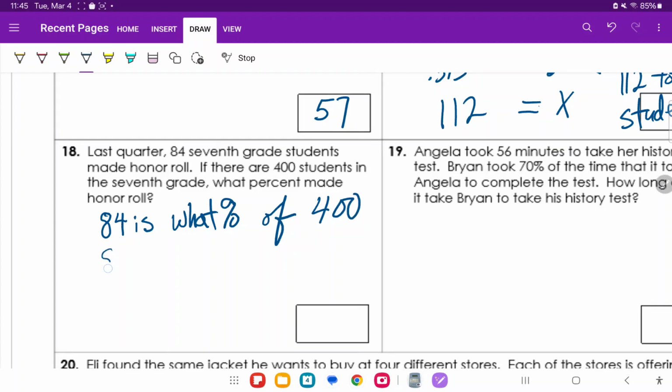Okay, so what we're going to do is equal to, and then what percent, let's just call that our X. Of is our multiplication and our 400. Now, again, to get x by itself, we're going to divide by 400.